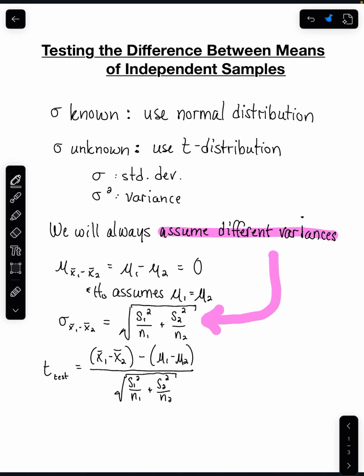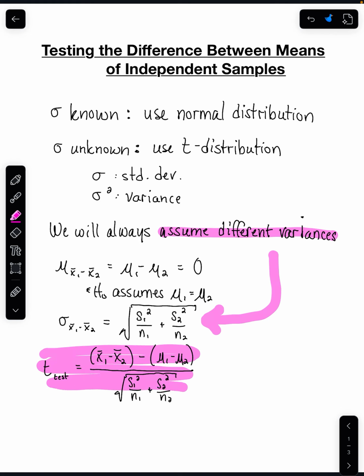But we are always going to assume different variances for the sake of simplicity. So we will always have this formula for sigma sub x1 bar minus x2 bar. And therefore, our test statistic will always have the formula shown here.